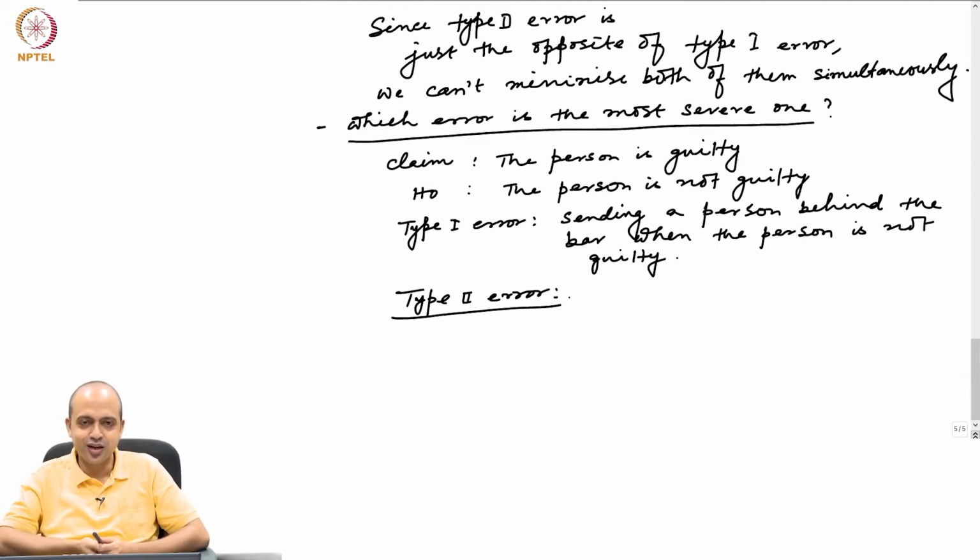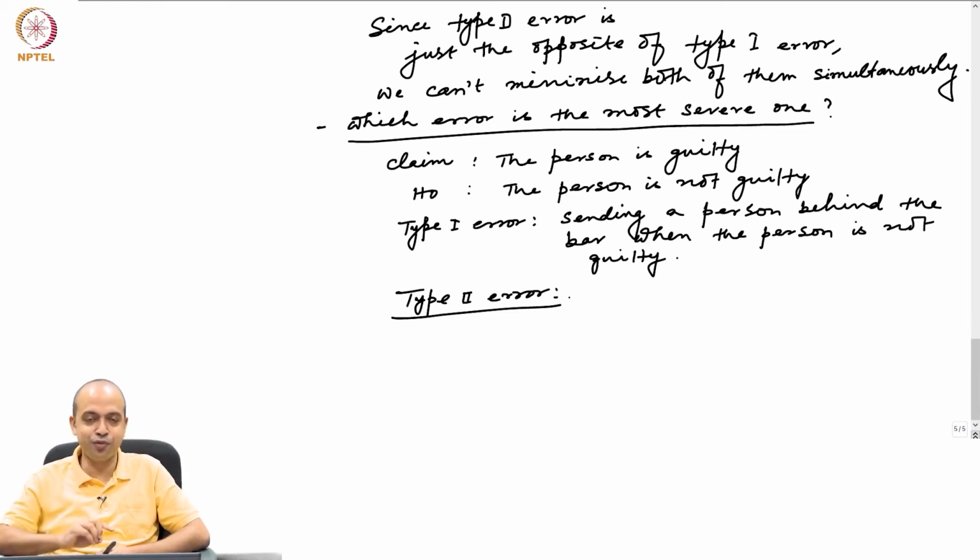Type 2 error says not rejecting the null when it is not true. So, the person is not guilty is not true. That means the person is actually guilty, but you are not rejecting the null.